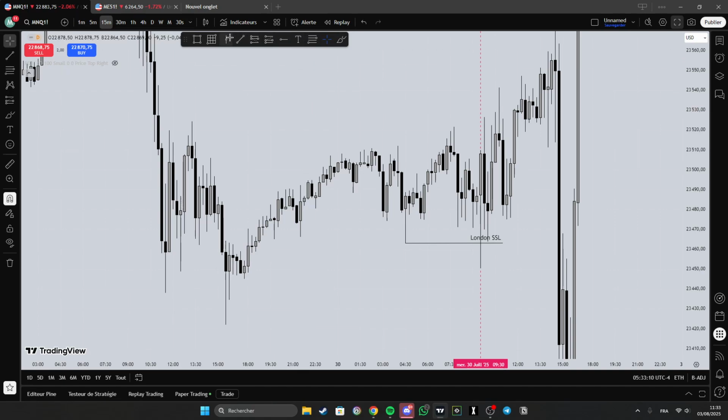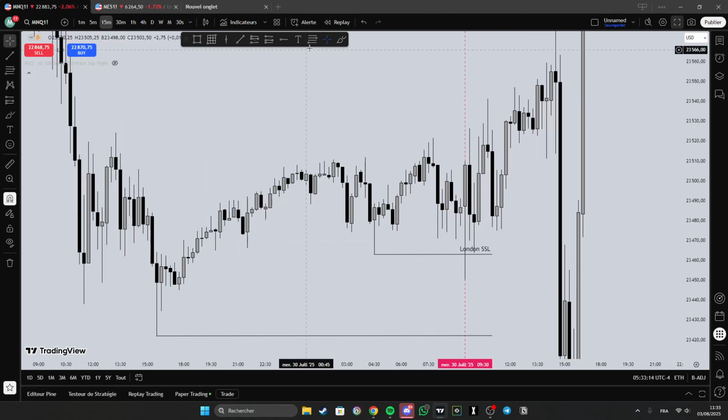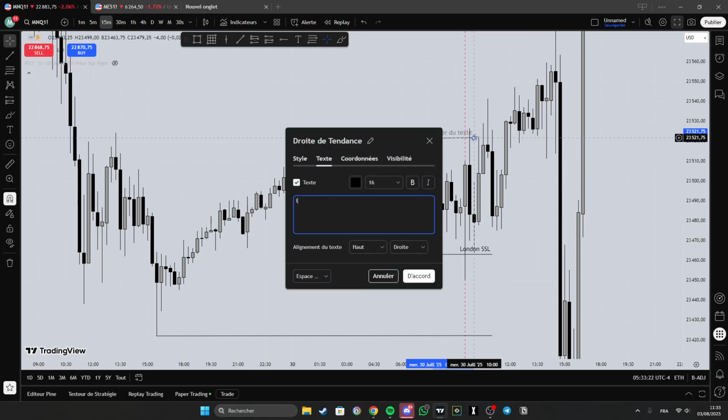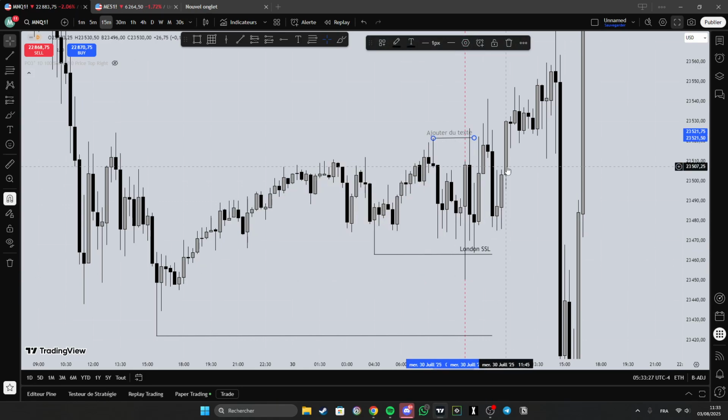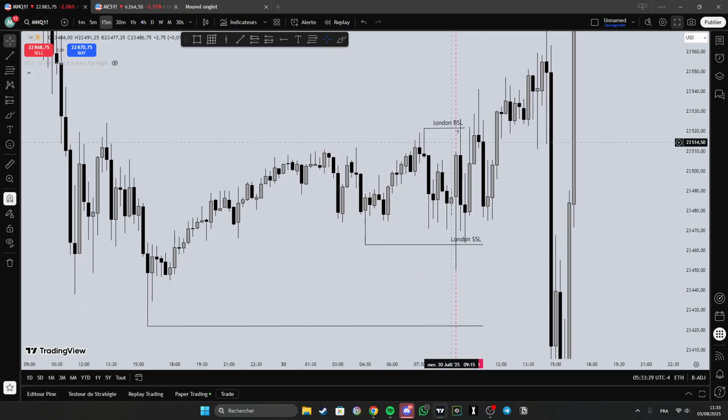We had this one, okay, and we had this one, which is a London buy side liquidity, okay. So these were the main draw on liquidity that I wanted to see.